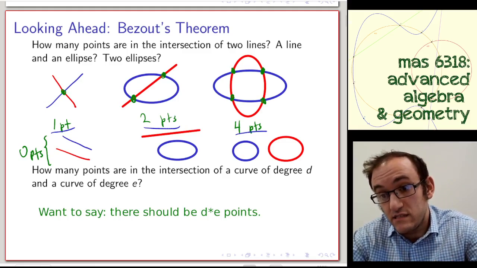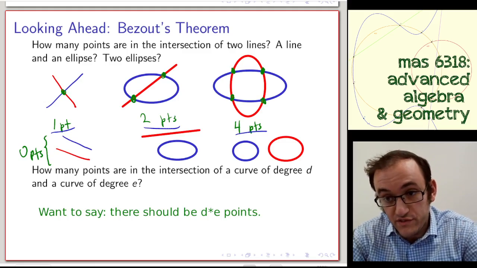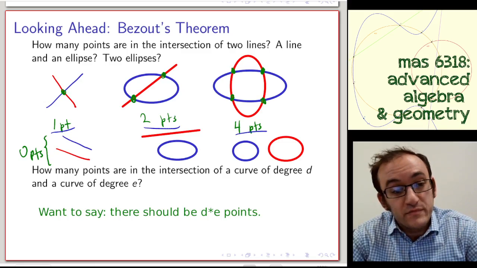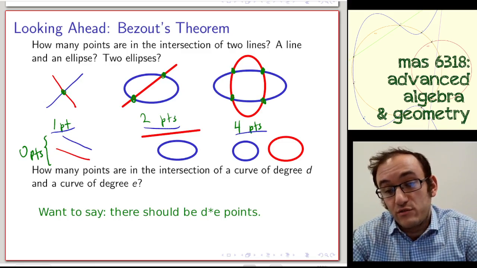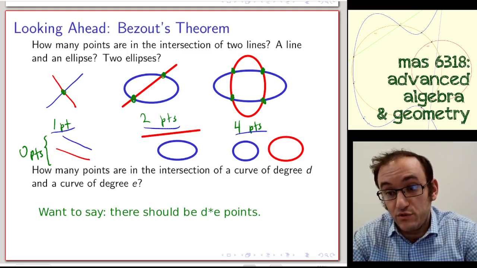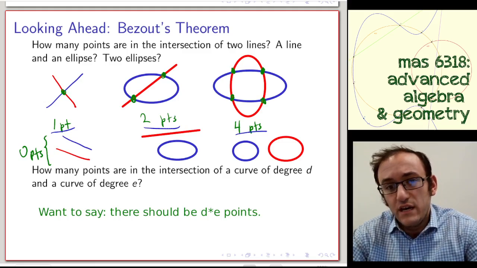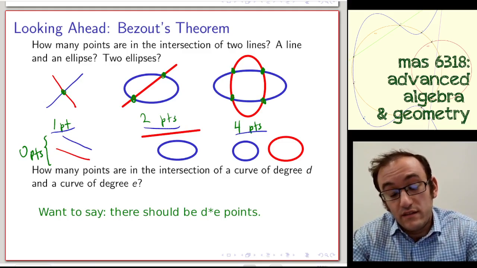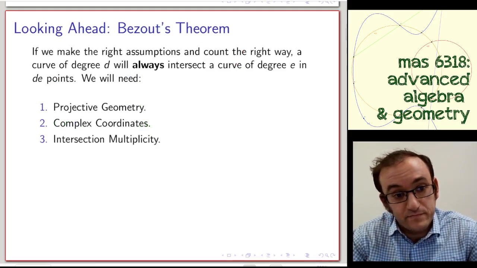You have 2 lines, those are degree 1 curves, because they're defined by polynomials of degree 1, and they meet in 1 point. When you have a degree 1 line meeting a degree 2 ellipse, that has 2 points, and 2 degree 2 ellipses meet in 4 points. So it seems like the degrees should multiply by each other to give you the number of intersection points.